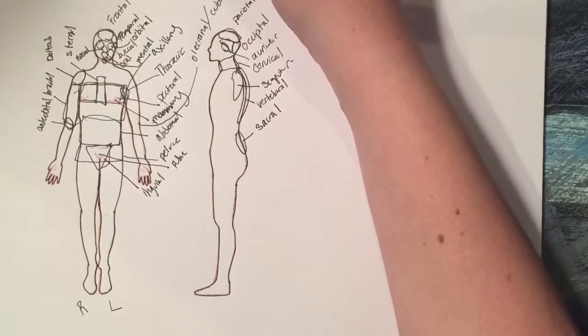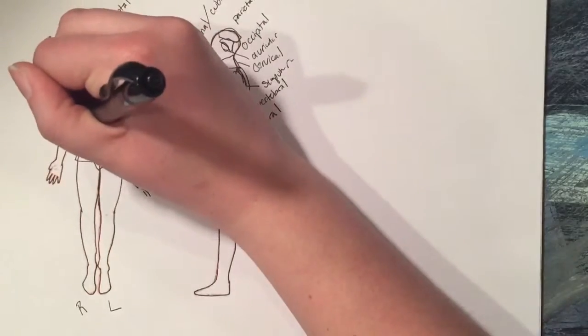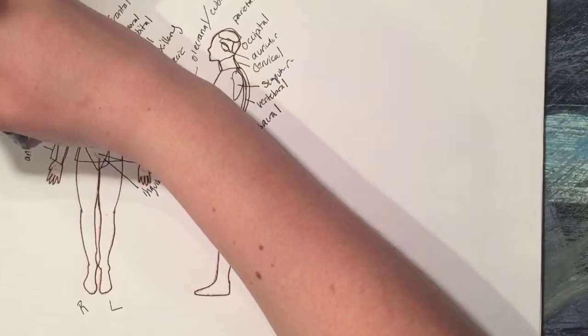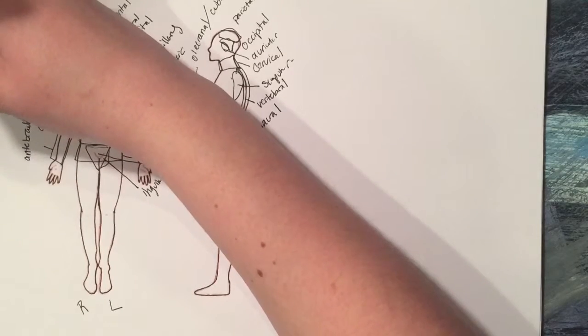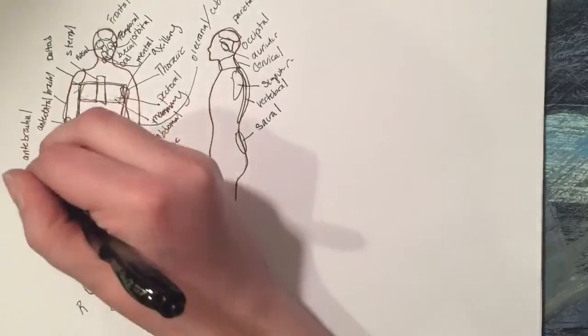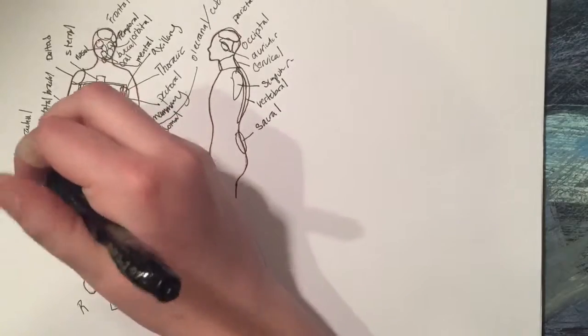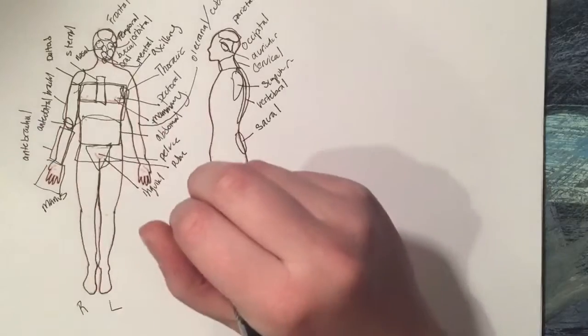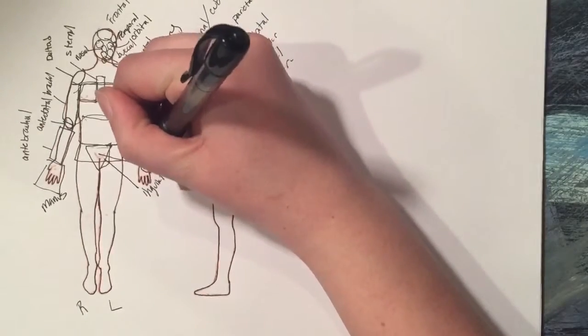And then you have your antebrachial, which is your lower arm. And then you have your manus. Manus means hand. Your palm of your hand is called palmar.